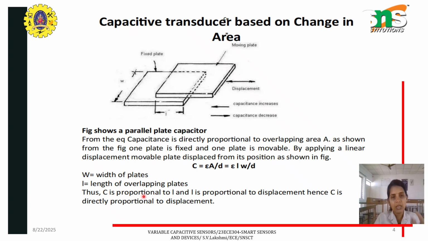Here A can be redefined as L times W, where L is the length of the overlapping plates and W is the width. Hence C is proportional to the length, which is proportional to the displacement. Hence this capacitance is directly proportional to displacement. With the help of this concept, it can be used in the measurement of displacement.